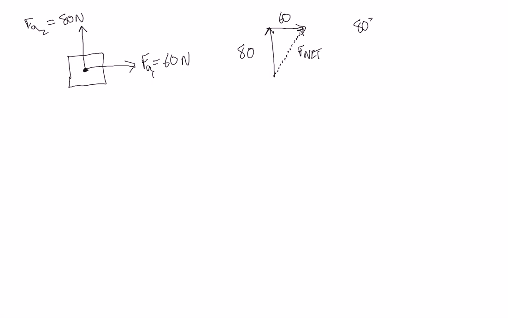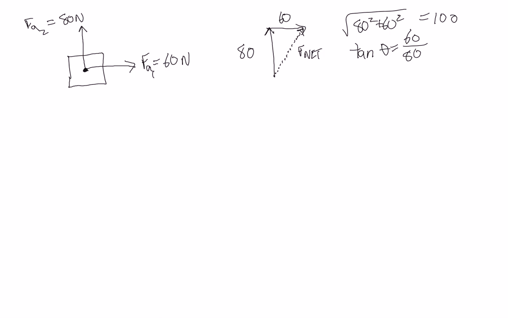So our net force will be 80 squared plus 60 squared, and we want to square root that answer. And then we would also calculate the angle, because remember we need the size and the angle, so we'd have to use second tan for that. So 80 squared plus 60 squared, square root, gives us 100.